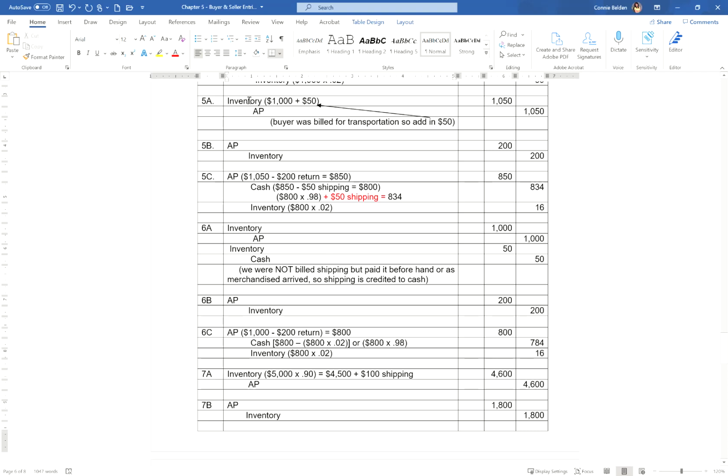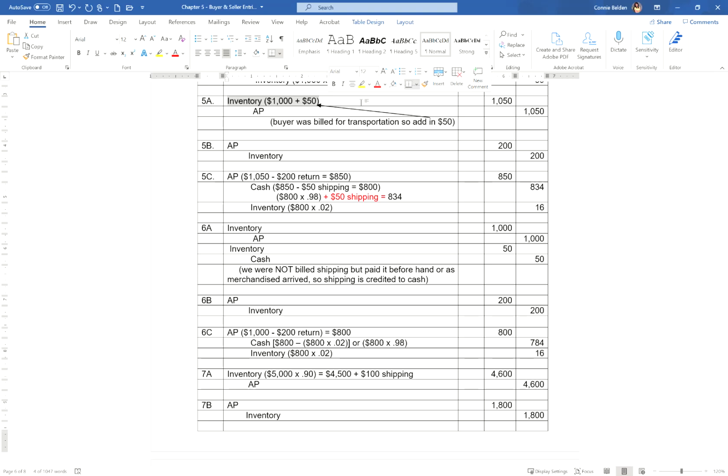Okay. So for 5A, there is no separate account for the shipping for the buyer. You just consider that as part of the cost of your inventory. In fact, the number one reason why shopping carts are abandoned when ordering online is because once they get in there, they realize they're being billed a high amount for shipping and handling.